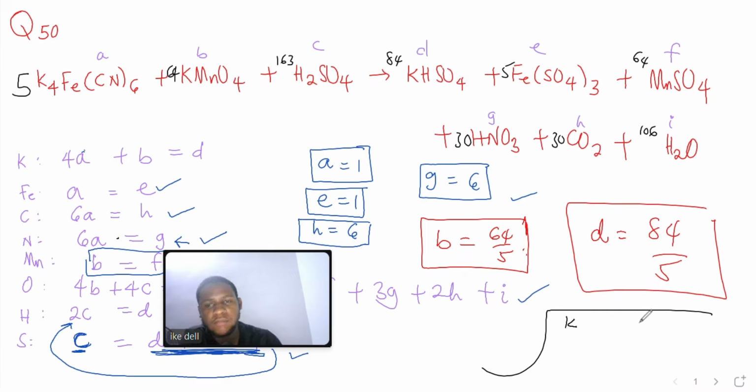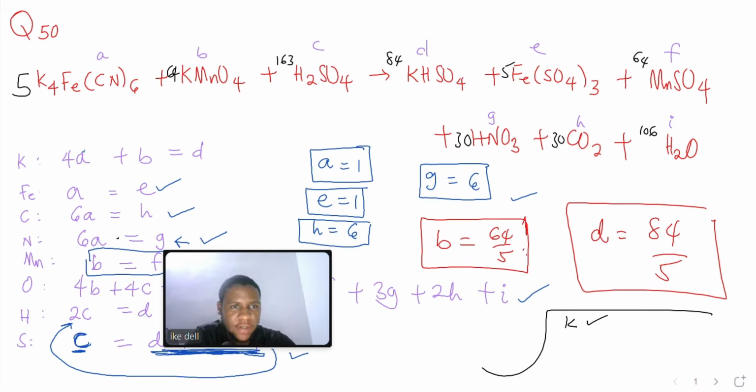So the K is good. 84 on both sides. We're going to eventually check out everything. But right now, our K is the same. Alright, let's go to the next one, Fe.